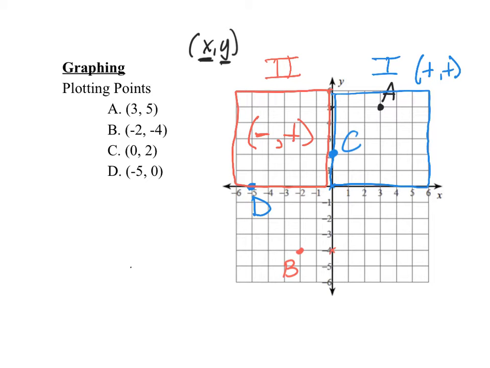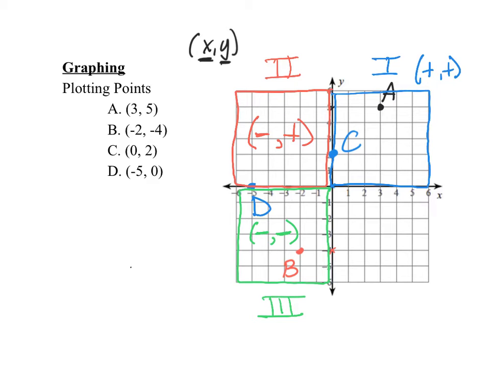I'm going to switch to another color. Now, this quadrant down here in the bottom left-hand corner is called quadrant 3, and every point in quadrant 3 has a negative x and a negative y. So when both numbers are negative, you'll always be in quadrant 3.